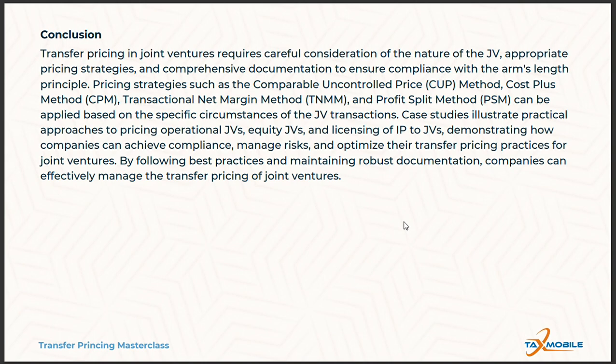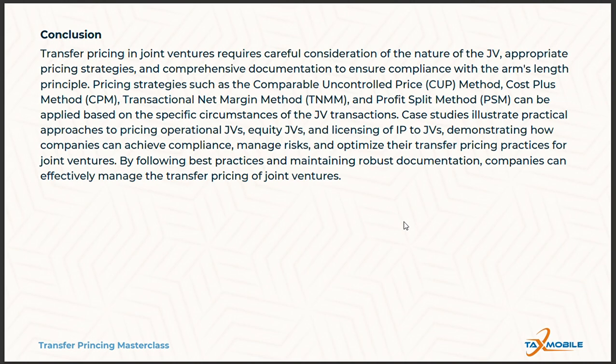So, just to conclude, transfer pricing in joint ventures is a complex but essential process for ensuring compliance with tax regulations. To manage this effectively, companies must conduct thorough functional analysis, and choose the appropriate pricing strategies such as the cost plus method, TNMM method, or the profit split method.